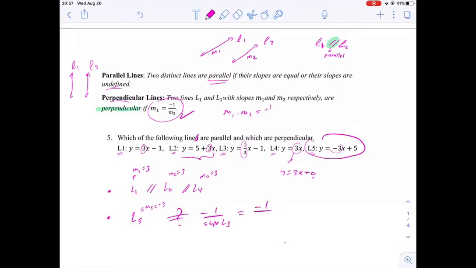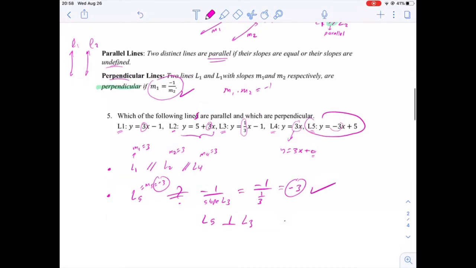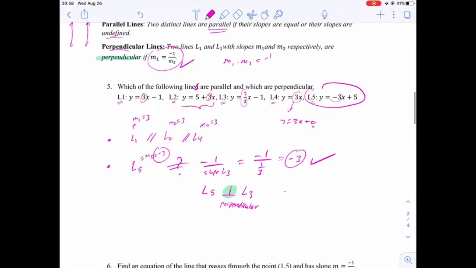Let's see. Negative 1. What is the slope of L3? 1/3. And then we flip the denominator to get negative 3. So negative 3 is equal to negative 3. That's correct. So that means L5 is perpendicular to L3. And as you can see, here I used this symbol to denote the perpendicular case. So we read this, L5 is perpendicular to L3.